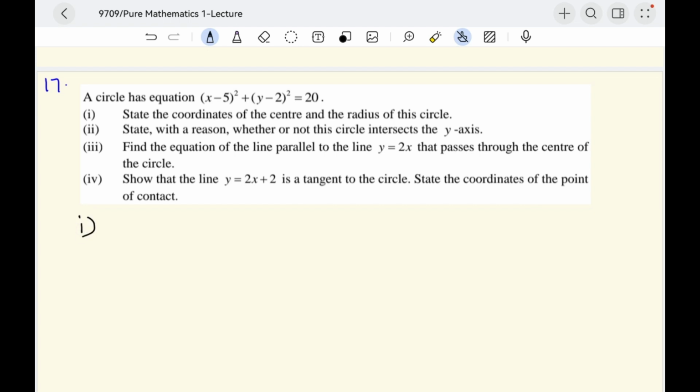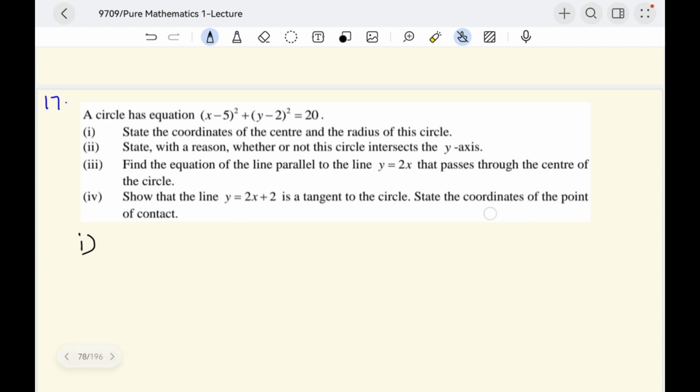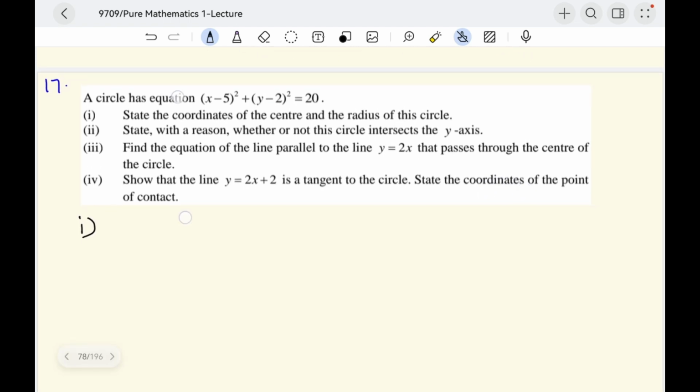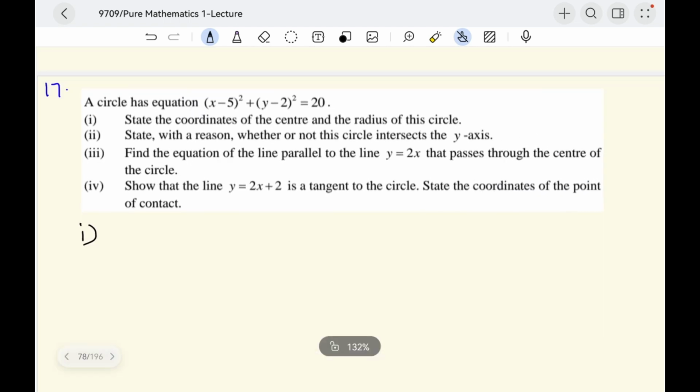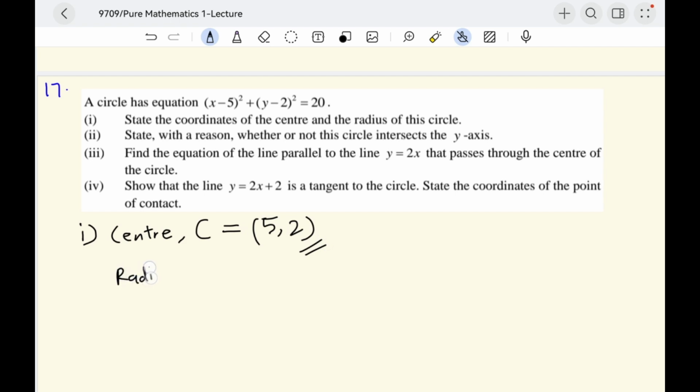Basically this is the same type of question from the previous one. Okay, so you have to follow the standard form of the equation of circle. Just state that the center of circle, let's say O, I mean C this time, is (5, 2). Okay, that's all. And what about the radius of the circle?